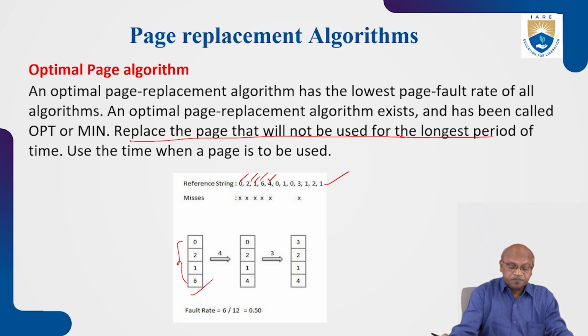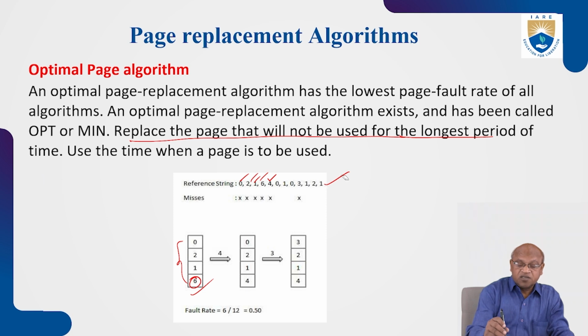In this one, 6 has just come recently, so we will not use 6 again for the longest period. We cannot use it in the future. That is the meaning of this.